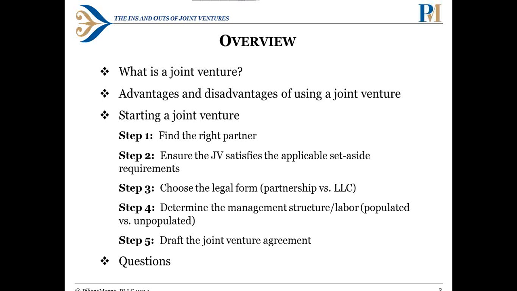Today we'll be talking about the definition of a joint venture, the advantages and disadvantages of joint ventures, and then how you start one. And you'll see these 5 steps: finding the right partner, ensuring eligibility, choosing the legal form, determining the management structure, etc., and drafting the joint venture agreement.